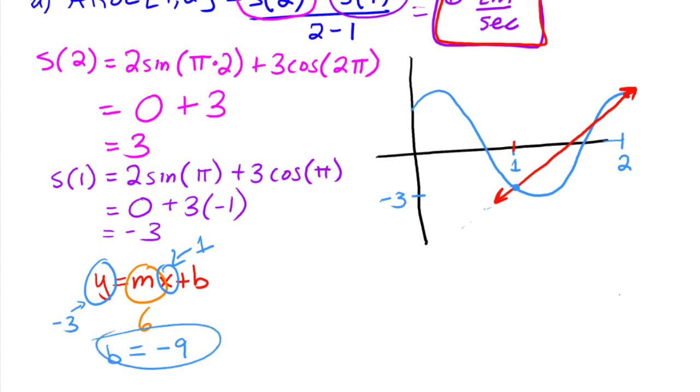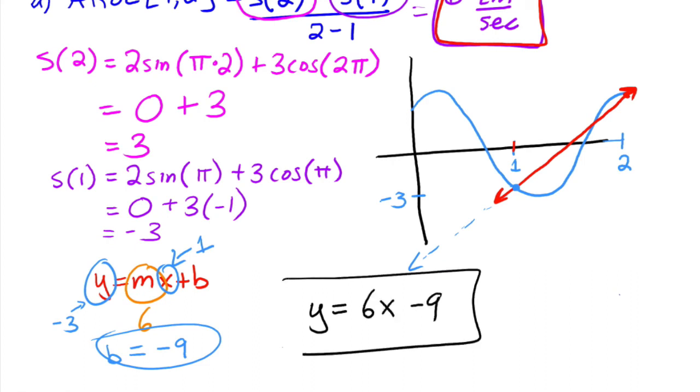If you follow along this line, it looks like it's going to hit -9. So the equation is y = 6x - 9, or you can put t here, it doesn't really matter.